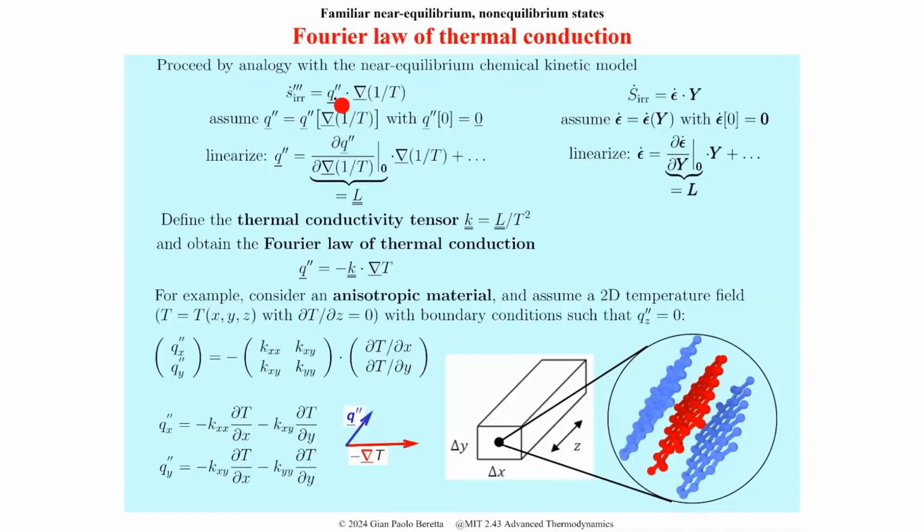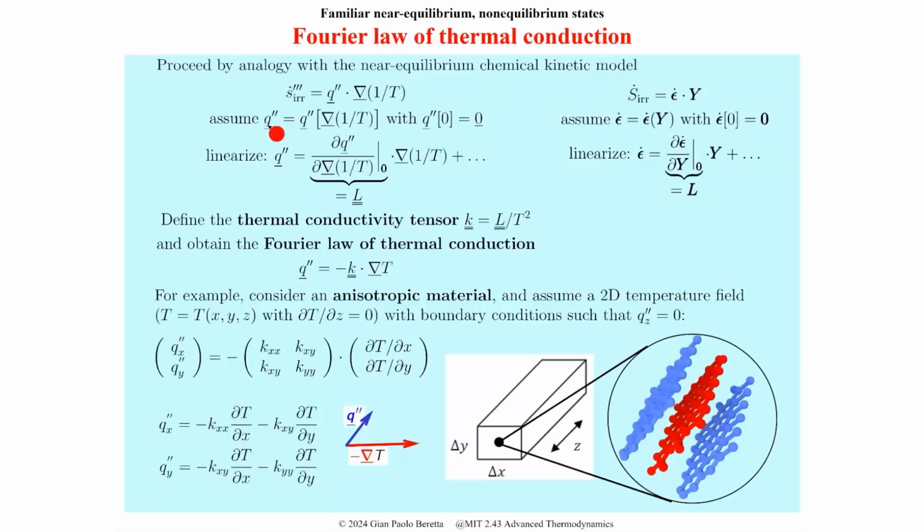Rate of heat exchange, and so the affinity is the gradient in the temperature. So let's do the same procedure. Let us assume, like we did, that the epsilon dot is a function of the affinity, with the function being 0 at equilibrium. Let's assume the same here.